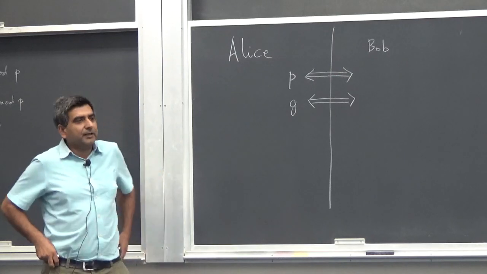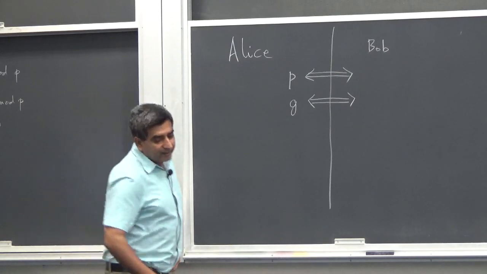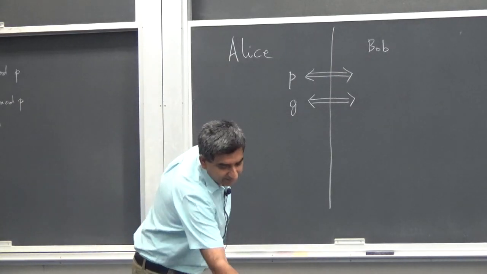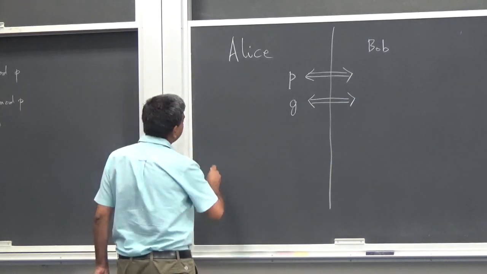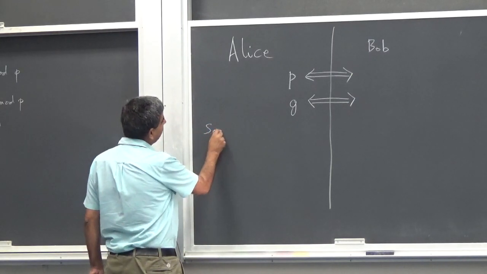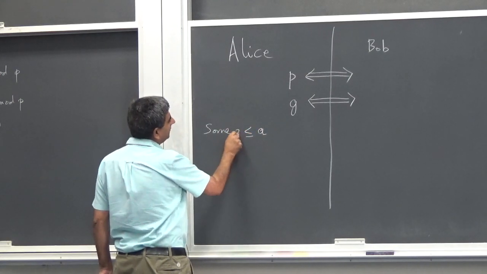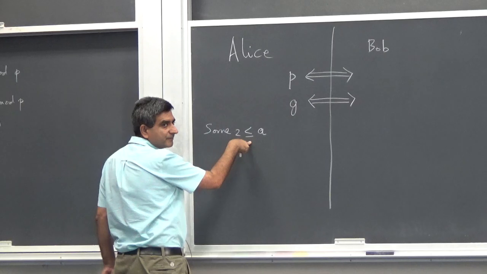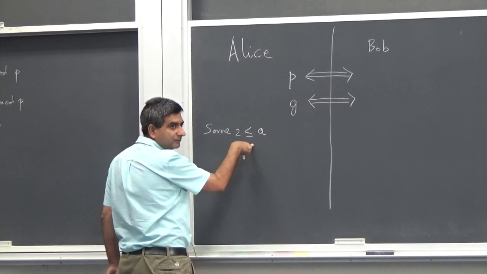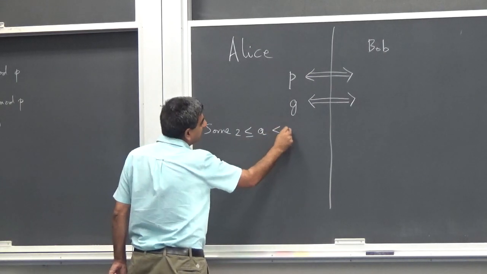Now what Alice does is Alice picks some a, which is 2 or above, and less than p minus 1.